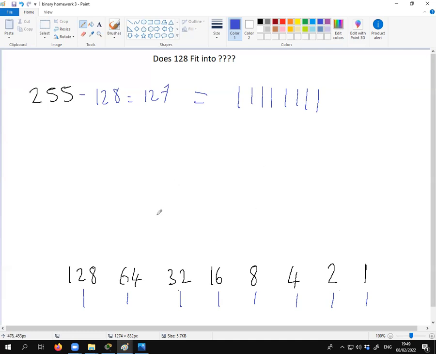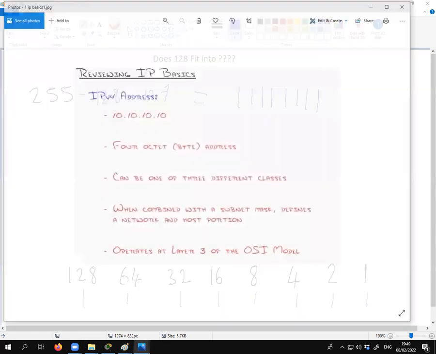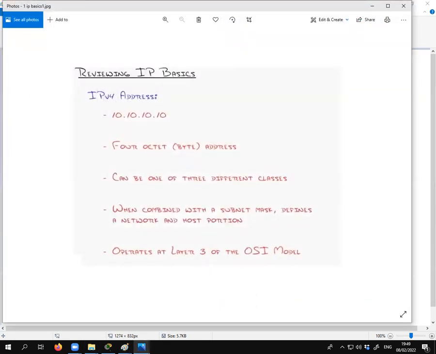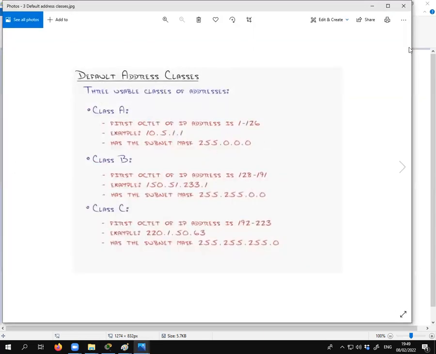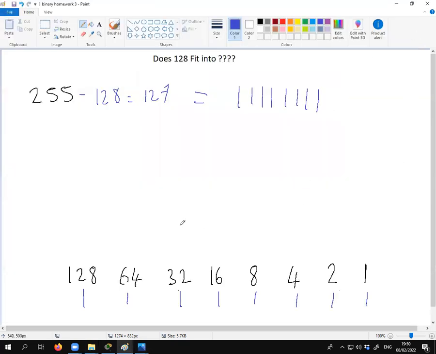And to check that out, you can just add them up. 128 plus 64 is 192, plus 32 is 224, plus 16 is 240, plus 8 is 248, plus 4 is 252, plus 2 is 254, plus 1 is 255. That is the reason why in binary we go from 0 to 255, because you cannot make a bigger number than 255 from 8 bits.